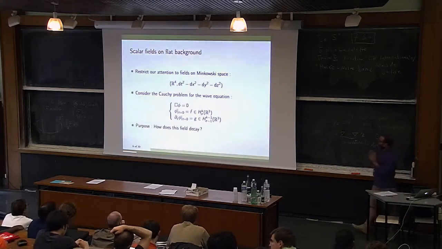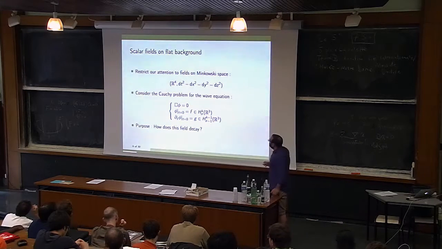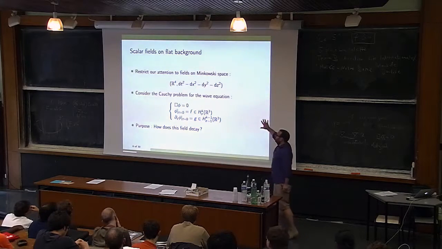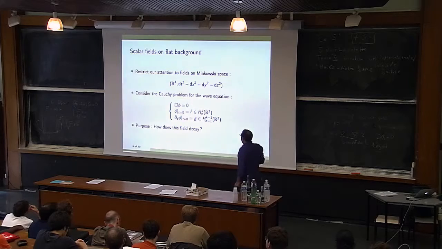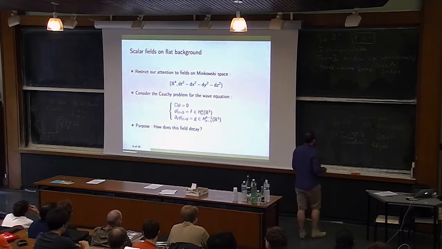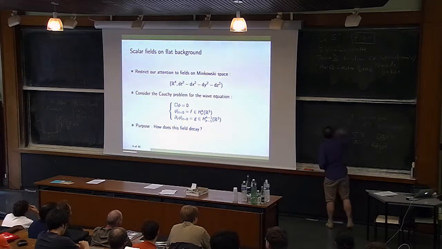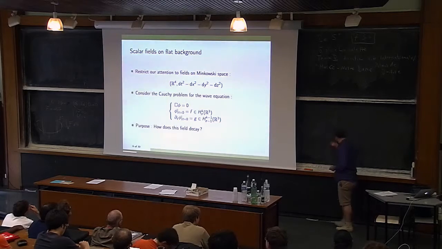So, as I say, we have a simple problem. This simple problem is Minkowski space with a wave equation. So I'm considering a nice Cauchy problem here. And I will look at a nice Cauchy problem with this kind of data in weighted Sobolev spaces. So the only thing that you need to know about these Sobolev spaces is the following.